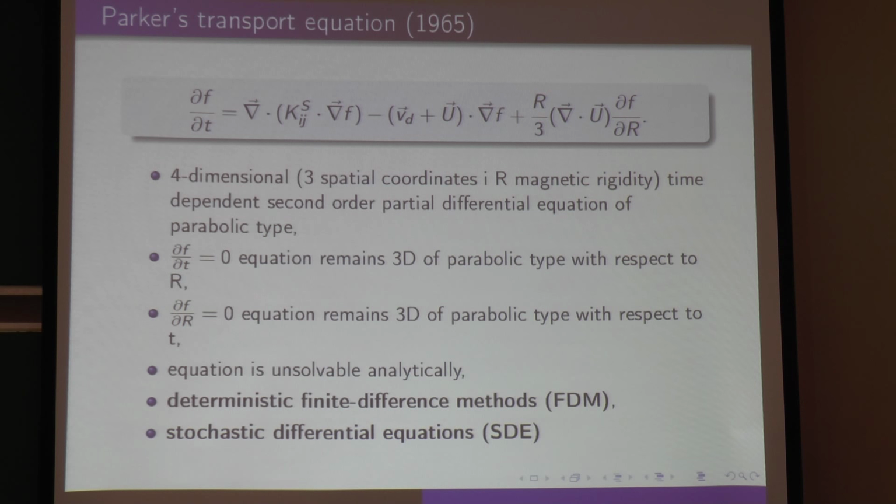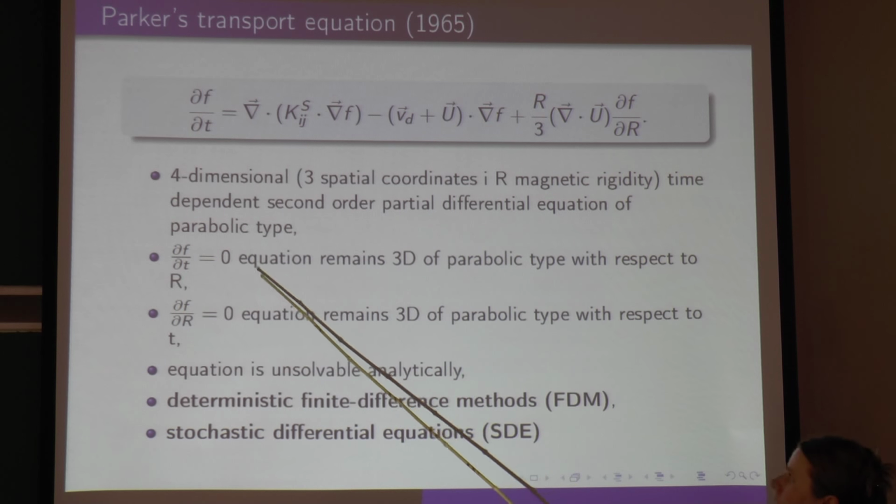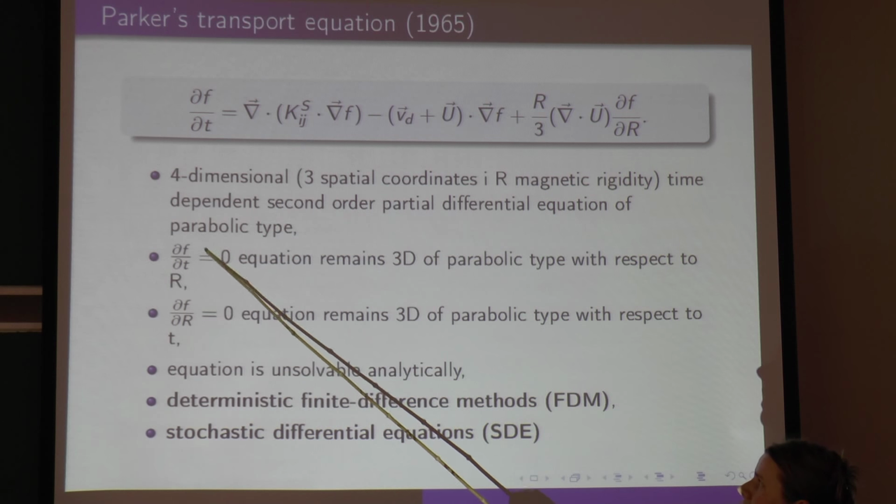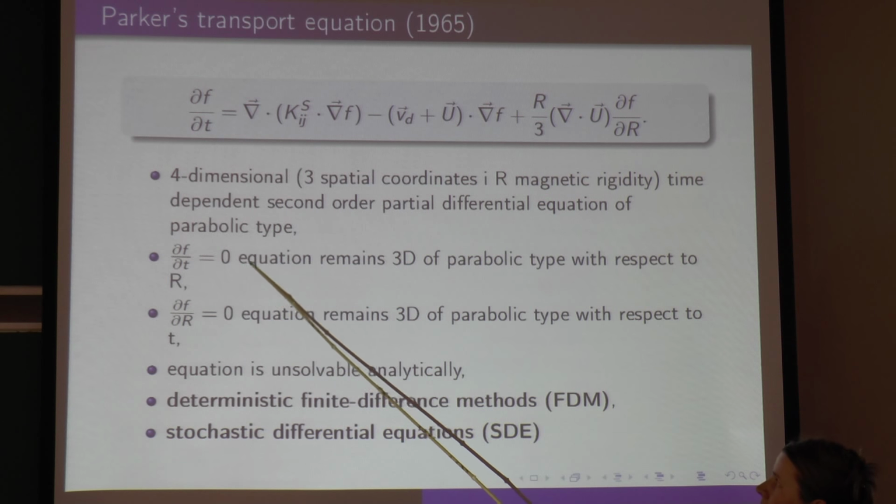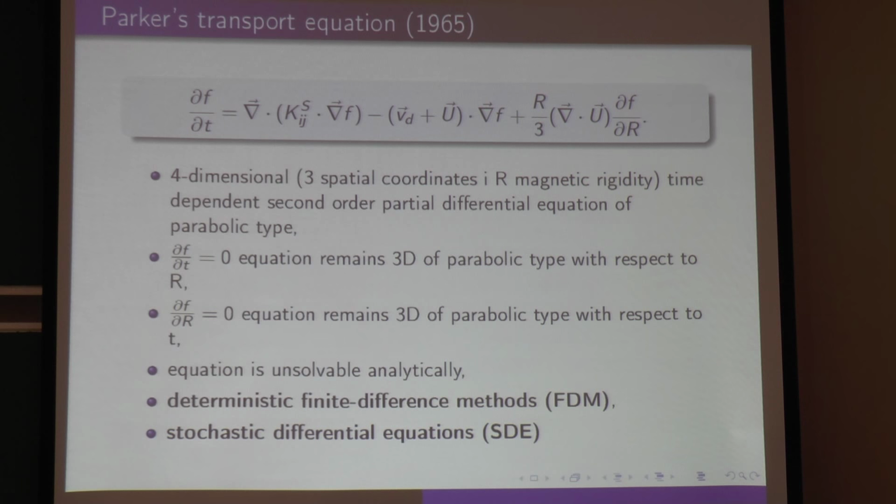This equation is four-dimensional: three spatial coordinates, magnetic rigidity of cosmic rays, and time. It is the second order parabolic type equation, and it is worth underlining that if we assume the first time derivative equals 0, this equation remains parabolic type with respect to magnetic rigidity.